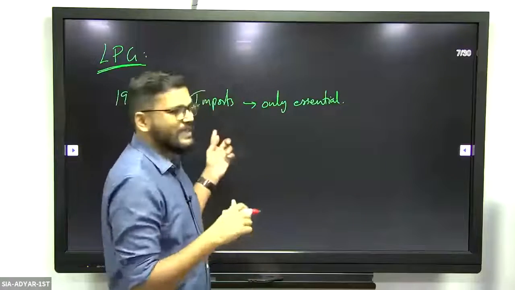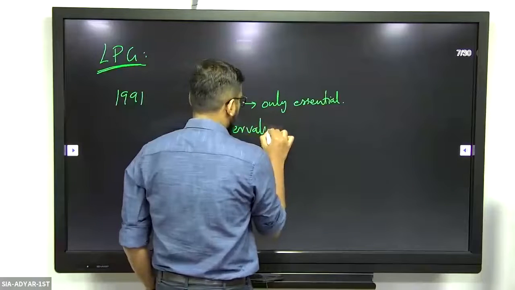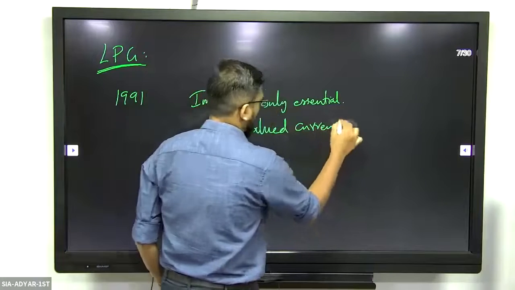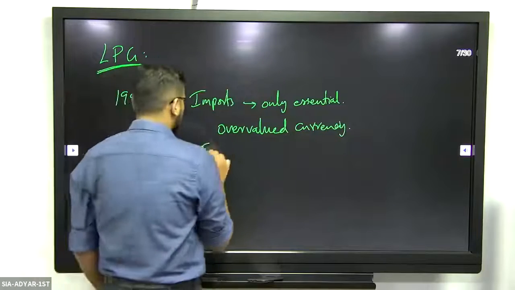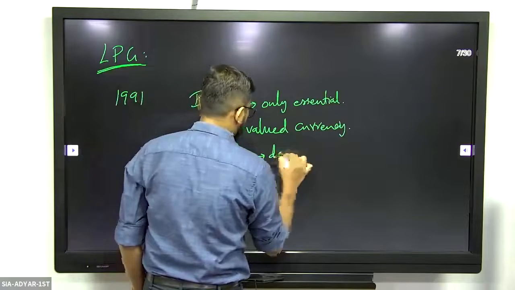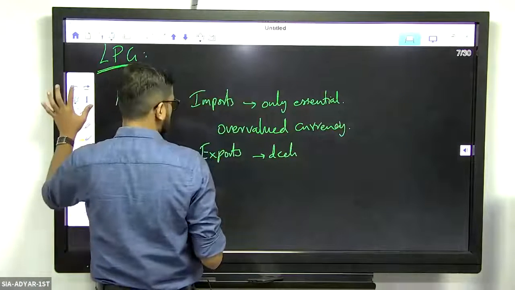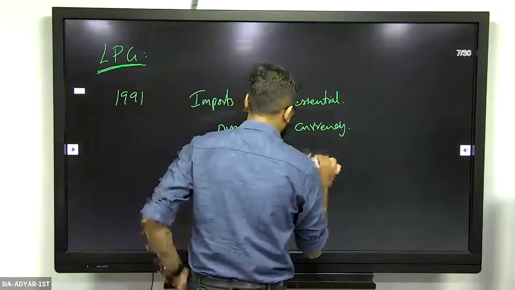So Indian currency was heavily overvalued at that point of time, because we had to import a lot. When you overvalue the currency, what happens? Exports will not rise or are not encouraged. It is not a decline per se, but it is not encouraged.